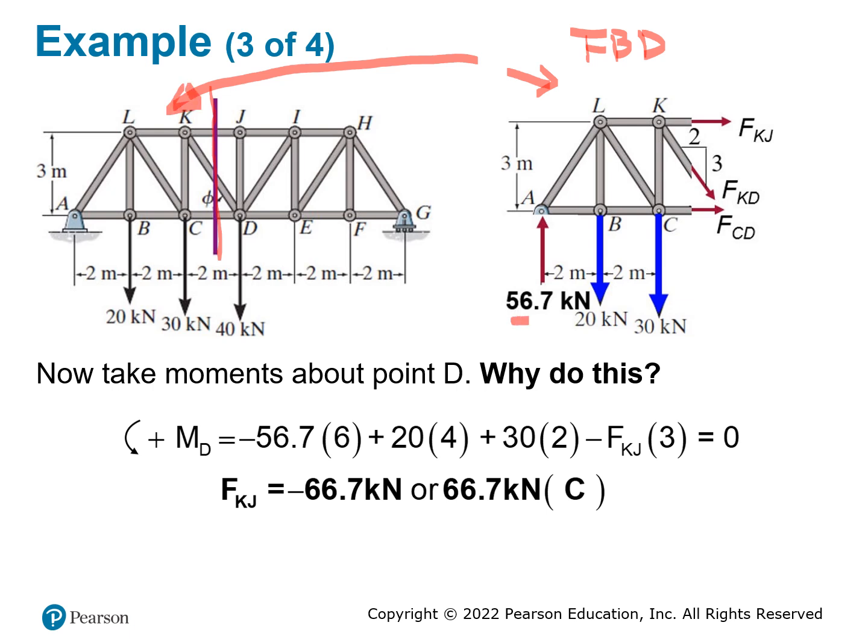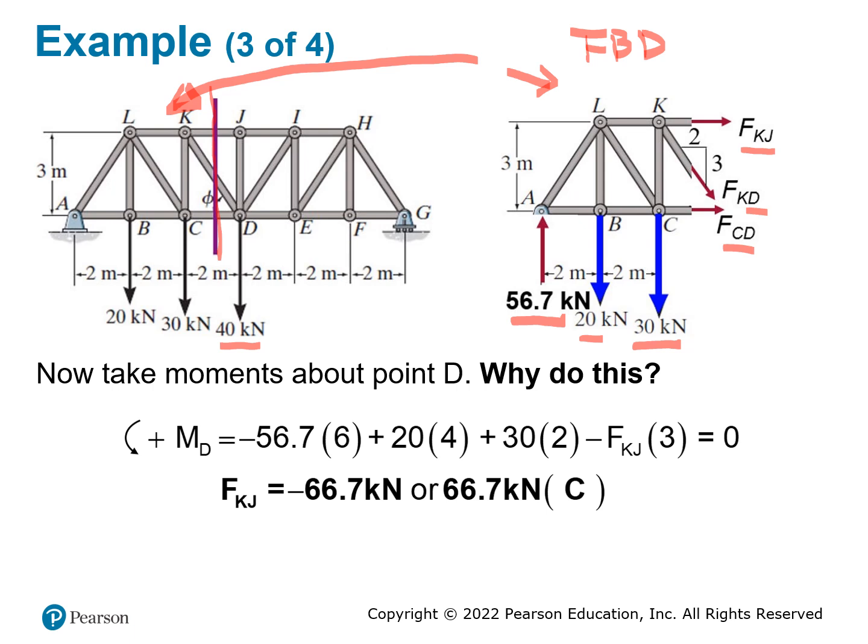The reaction force is something that we saw in the previous step, and we have external force 20 and 30. We don't include 40 because 40 is on the other side, so you only include the 20 and 30. You cut through each one of the members, the force will go along the direction of the member, so you got these three different forces. And then if you look at this problem here, you have three unknowns. You have three equations that you can use, and you can solve this one.